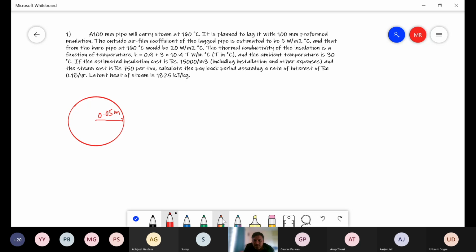Then again, what is given is that it is planned to lag it with 100 mm preformed insulation. So there is insulation above this particular pipe. Maybe I will just draw one more circle here.